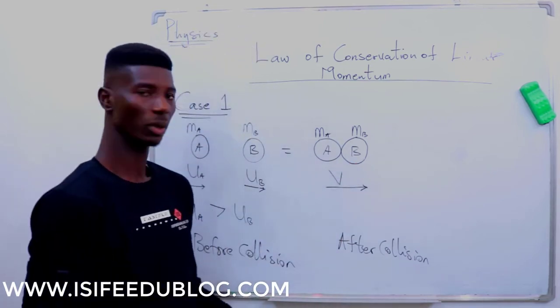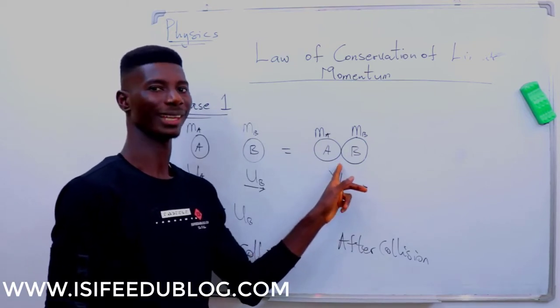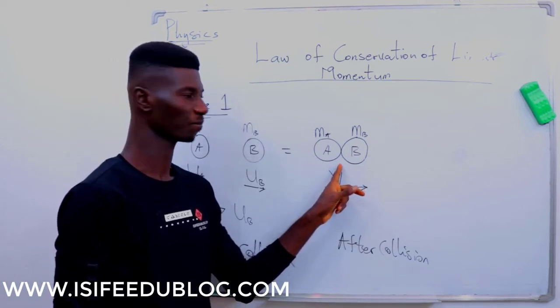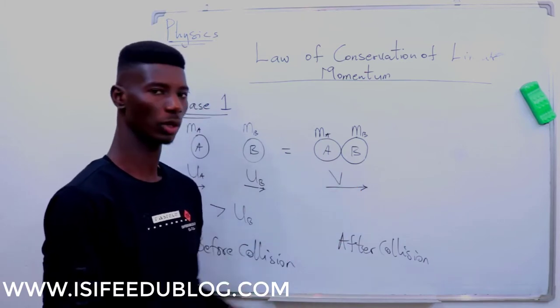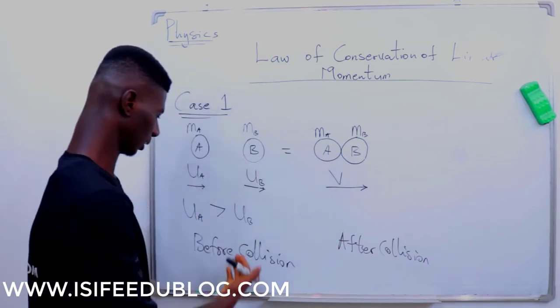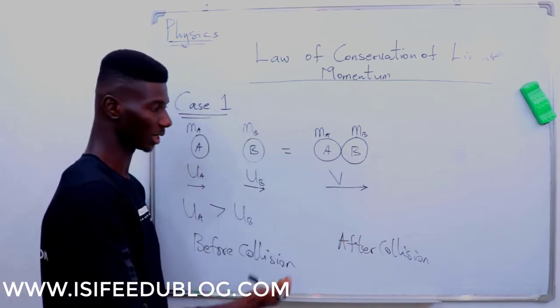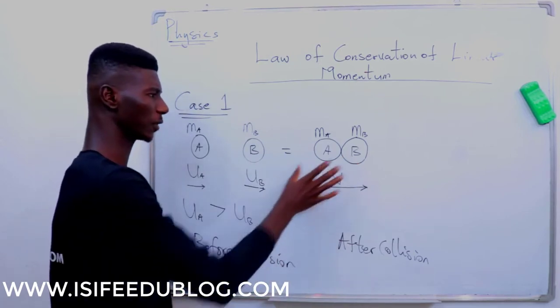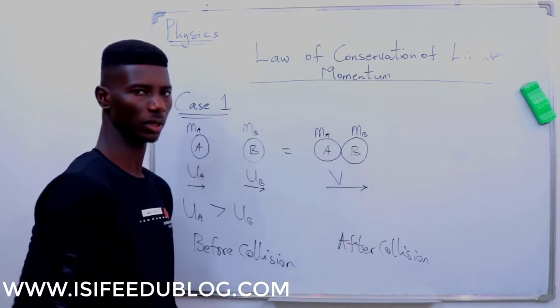So remember what we say, when you have inelastic collision, like what we have here, the kinetic energy differs. But before we enter the kinetic energy, let's focus first on the law of conservation of momentum.